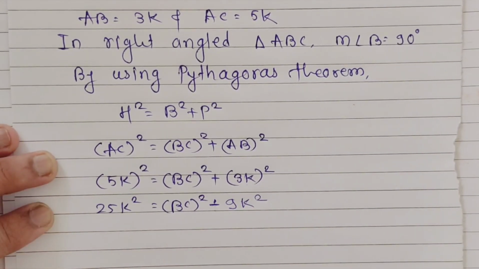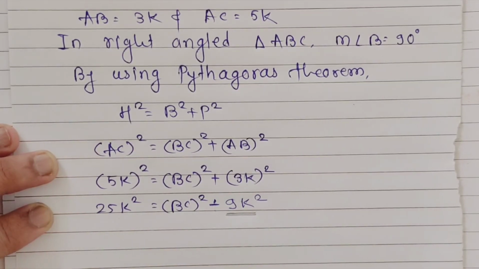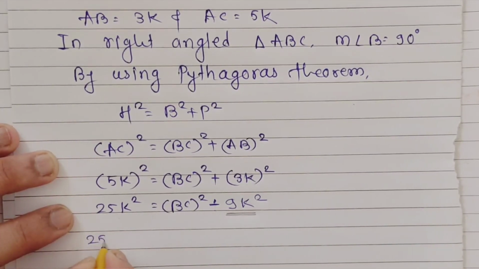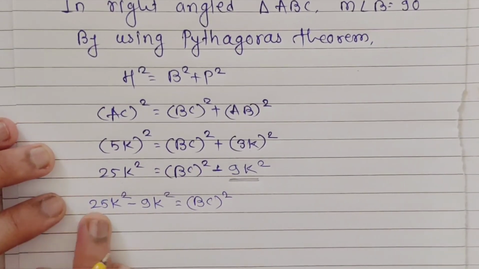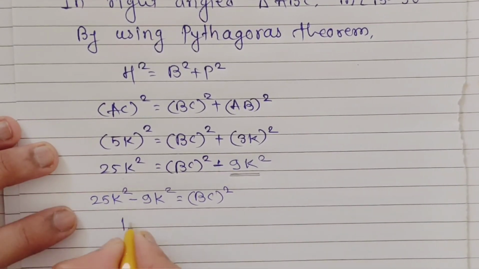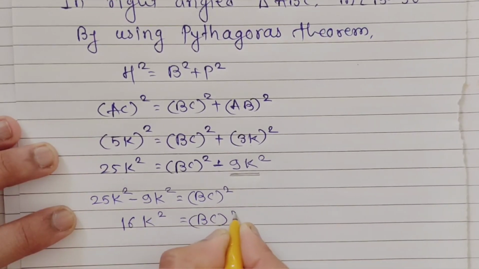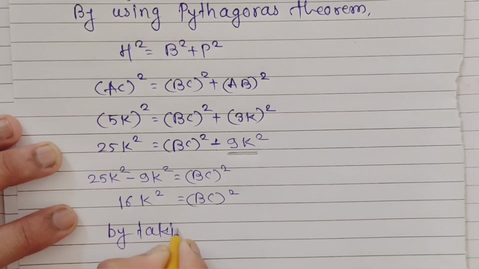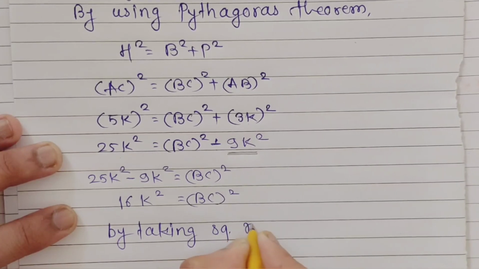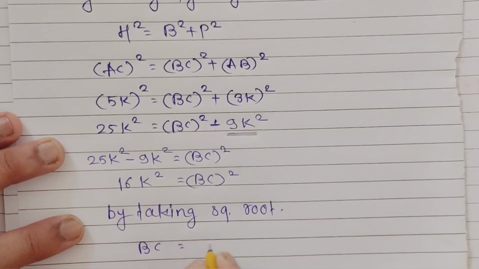So we have to find out the value of BC square. So 9K square we have to shift to the LHS. So we can write 25K square minus 9K square is equal to BC square, is it clear? So 25 minus 9, that means the difference is 16, into K square, which comes common, is equal to BC square, is it clear? So we can write by taking square root from both sides, BC is equal to 4K.